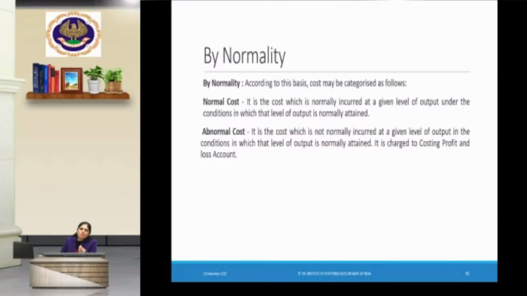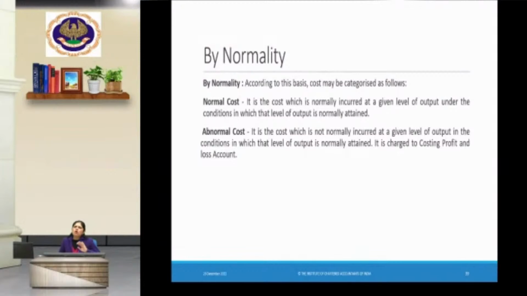Normal cost, abnormal cost. Normal cost is whatever happens during the normal course of manufacture. Abnormal cost is something which never happens in the ordinary course of manufacture or business. Let us say there is a breakdown of machinery and the machinery could not be used for 2 days. That's an abnormal cost. But if every day the machinery has to rest for half an hour, that is a normal cost.